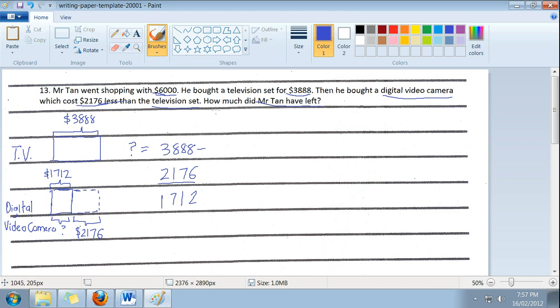Now, the question is asking us how much did Mr. Tan have left. So, we know the price of the TV. Now we know the price of the digital video camera. What we need to do now is this.